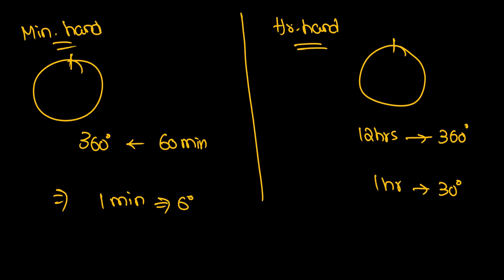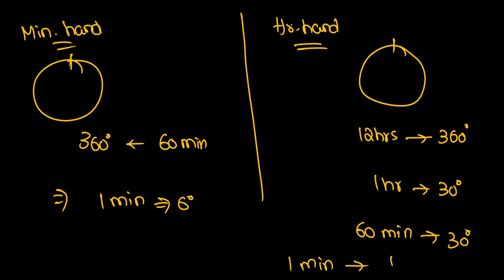At 4:30, it is in between 4 and 5. I expect you to note this down in parallel. So the hour hand angle changes with minutes. 1 hour means 60 minutes, and 60 minutes is 30 degrees, so each minute is half a degree.